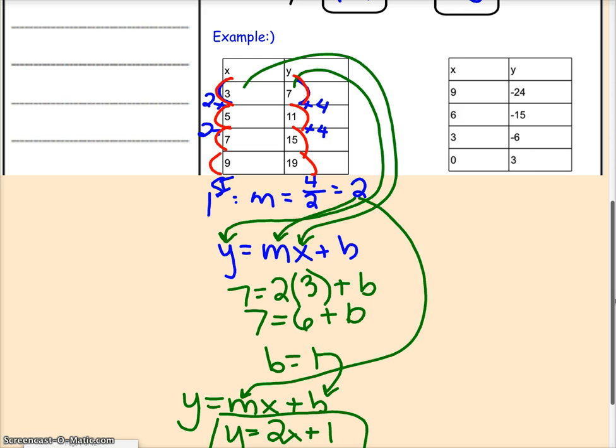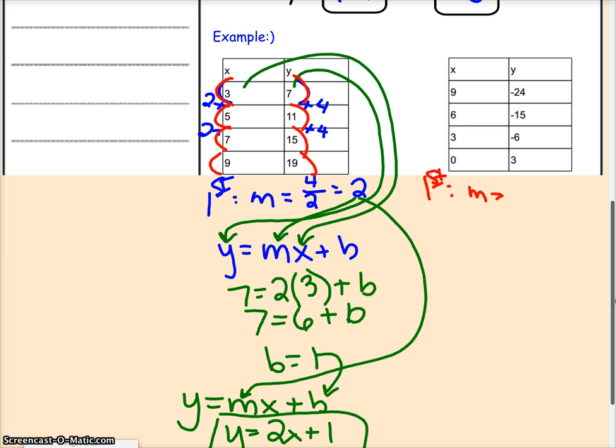Watch this. I'm going to use a nice, easy one. So first I need to find m. Here's how I deal with some numbers that I do know.